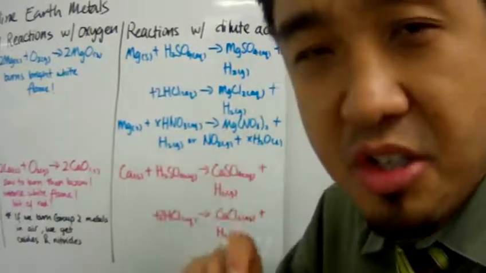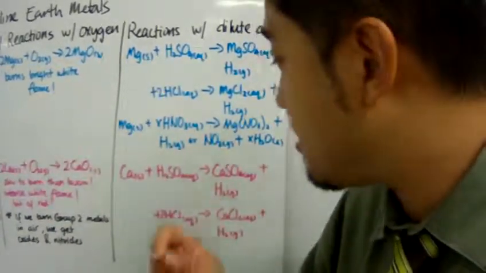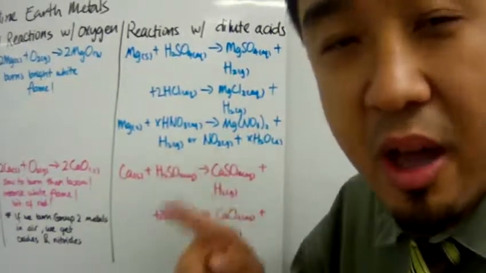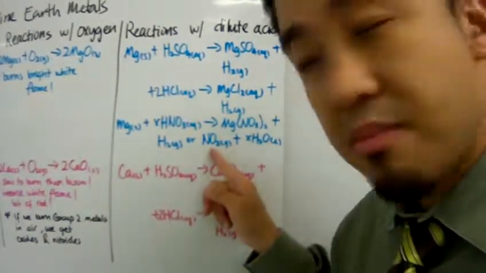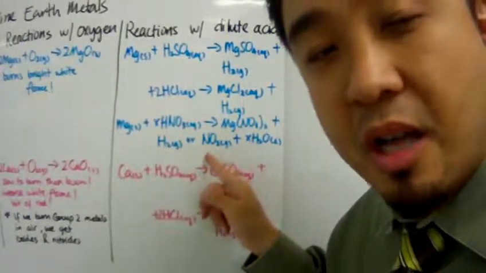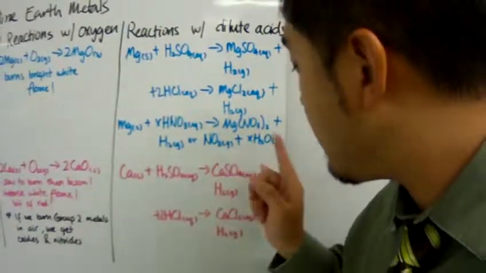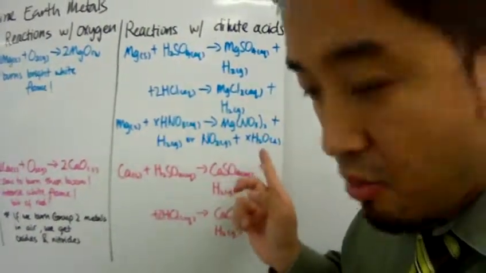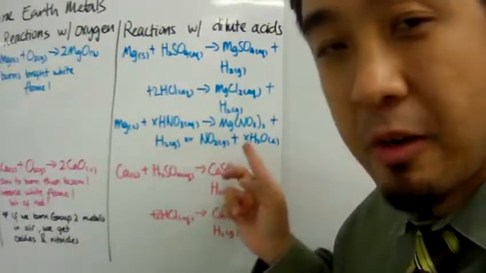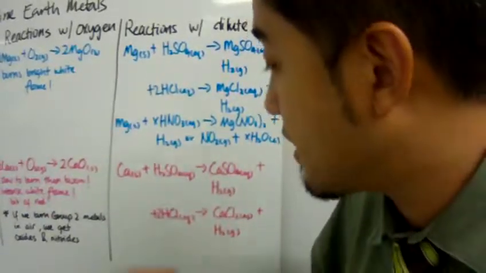But the more concentrated the nitric acid, you will get nitrogen dioxide and whatever amount of water, depending on the concentration.